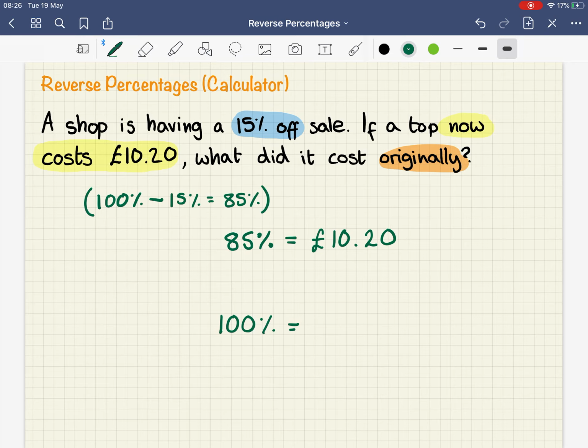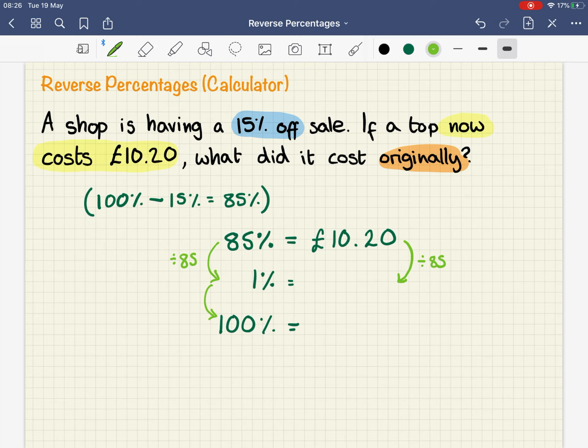So we need to have a sort of middle step here in order to get to this 100. And that middle step, when we have a calculator, is 1%. That is the easiest one to go for. And so to get from 85% to 1%, I need to divide by 85. And I need to keep things balanced, so I've got to do it on the exact same side. Exact same on the other side.